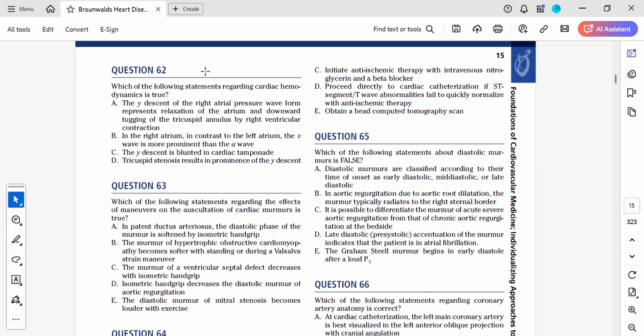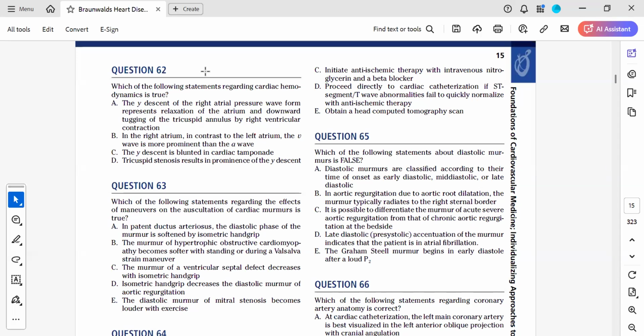So when checking the JVP, we all know that the same waves we find for the right atrium are the same waves we see in the left atrium also. So that means the same A, C, V waves, X and Y descent, can be seen in both the right and left chambers. That's number one.